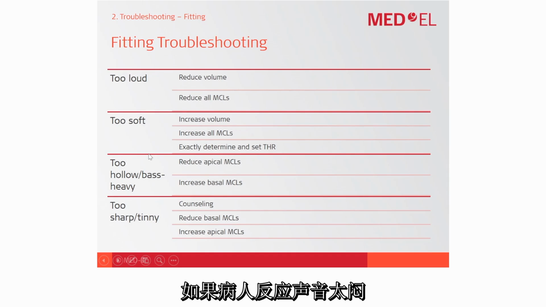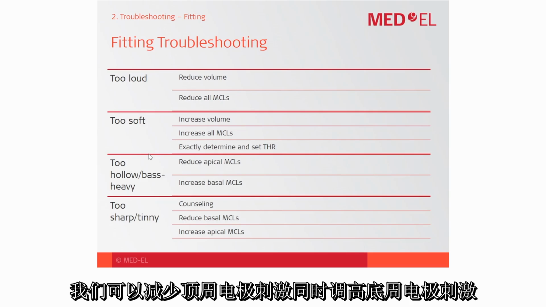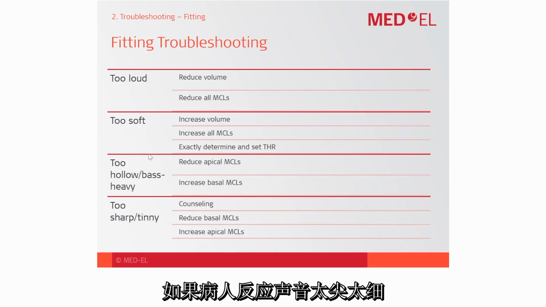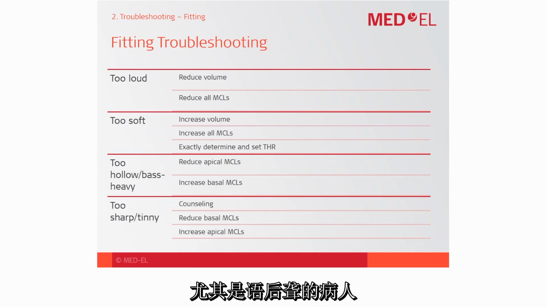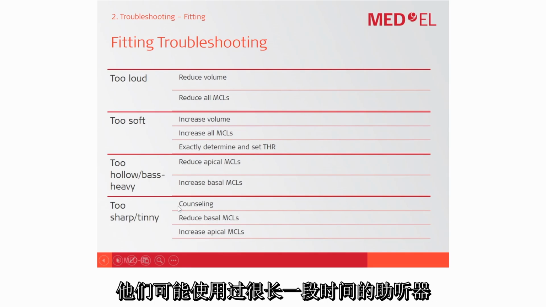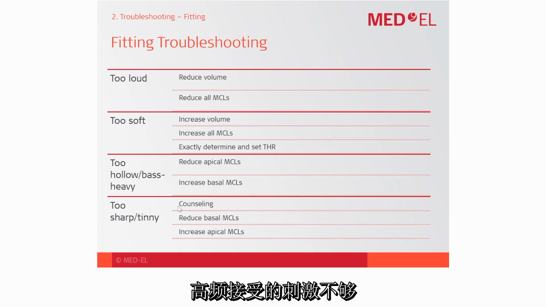If the CI recipient reports that the auditory sensation is too hollow or bass heavy, then you could either reduce stimulation on the apical electrodes or also increase basal electrodes. If it's too sharp or tinny, it could be addressed by counseling, especially if you are working with a postlingual adult patient who had a long hearing aid history and was not exposed to high frequency sounds for a very long time.